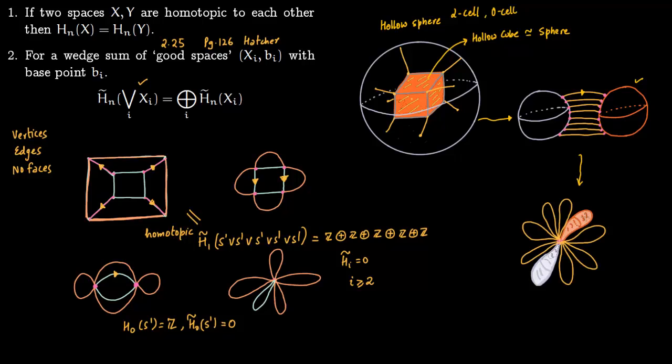This sphere comes here, this sphere comes here, and you have this wedge of circles. You can see there are 7 circles here: 1 2 3 4 5 6 and 7. So all 7 of them are coming here. You're just contracting one of the edges.